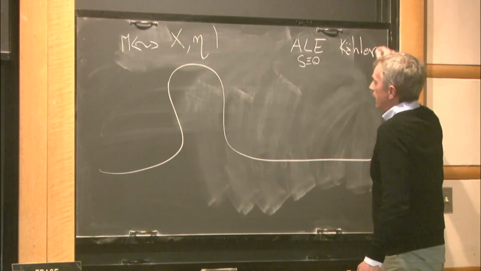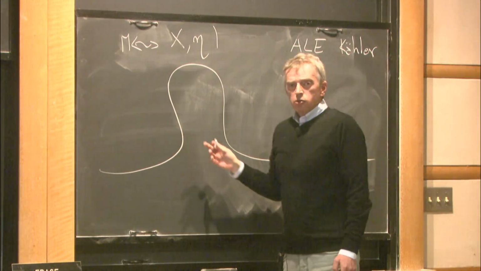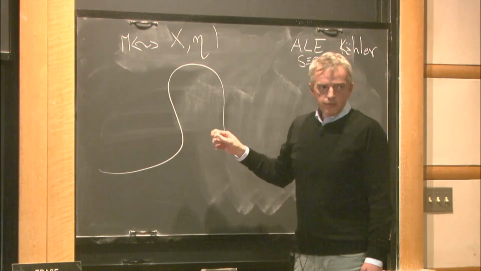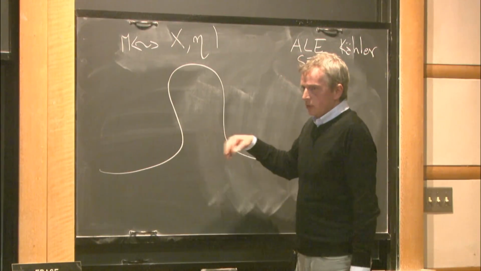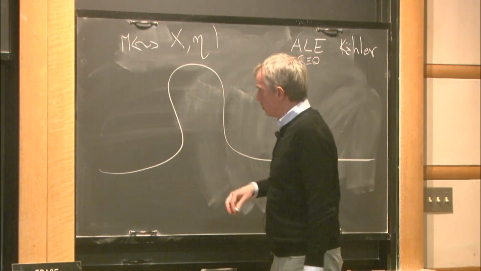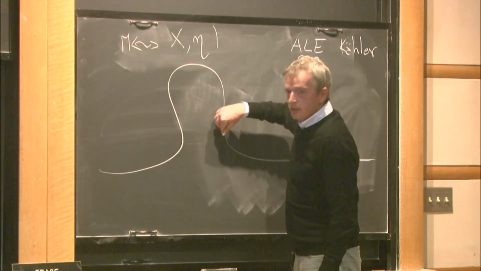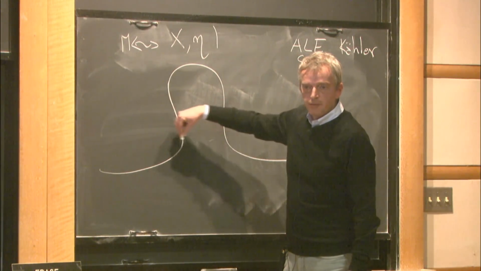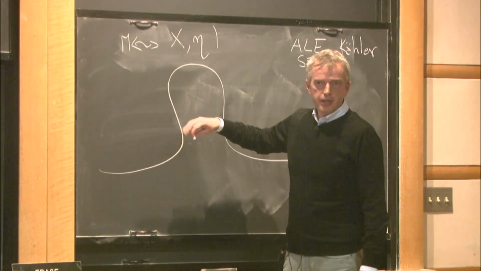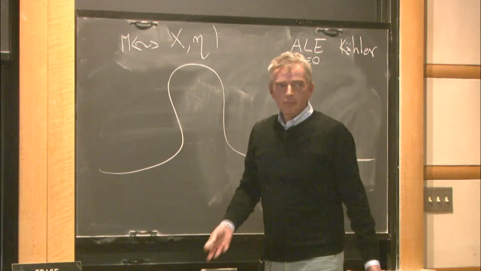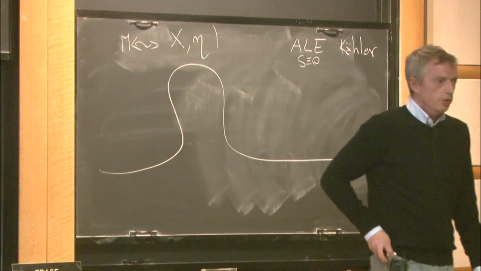Since I'm going to speak about the ADM mass, this will be reminiscent for many of you of Penrose type inequalities and so on. This picture is wrong. It suggests the existence of a stable minimal hypersurface here, which is actually not there. But okay, the picture is already passed into history.